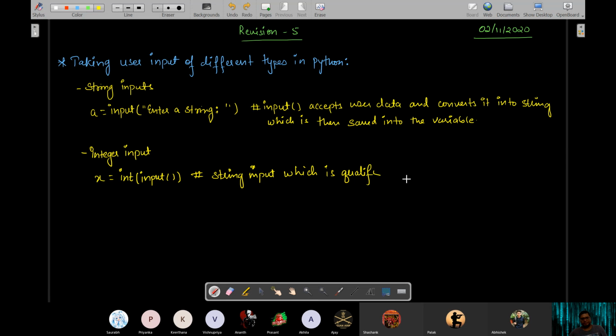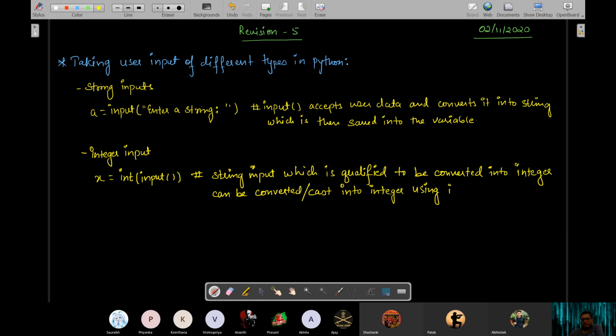A string qualified to be converted into integer can be converted using the int function. Right. So what do we mean by it?